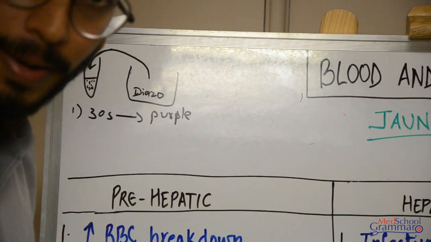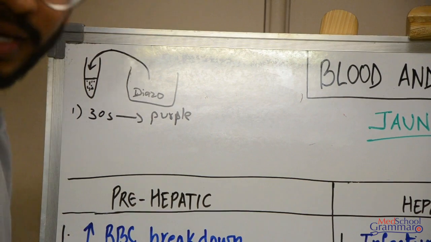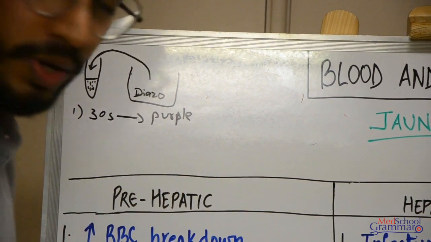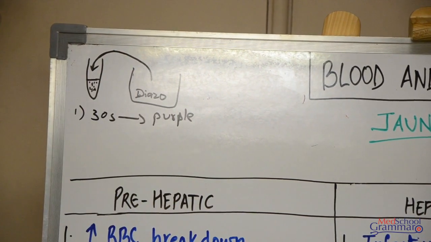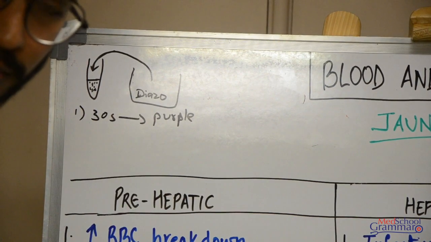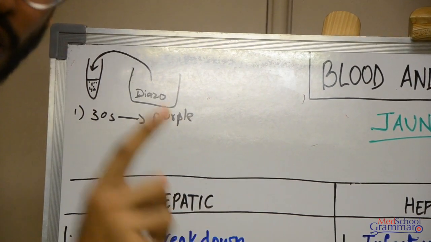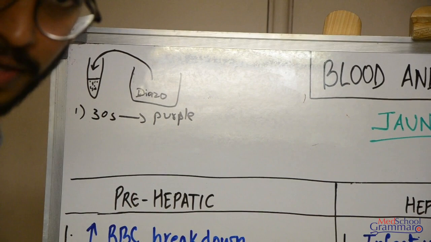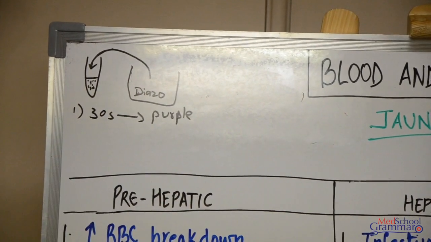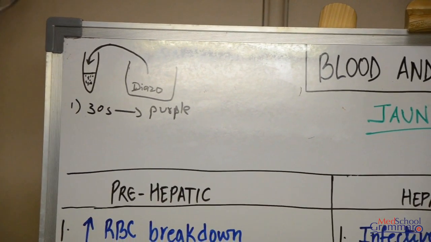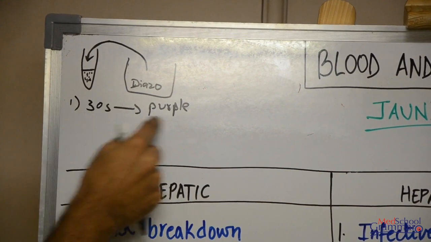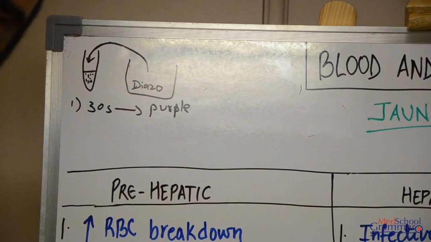You need to remember that conjugated bilirubin is soluble bilirubin, and diazo reagent reacts only with soluble bilirubin. So if soluble bilirubin is present, there is formation of a purple colored compound.